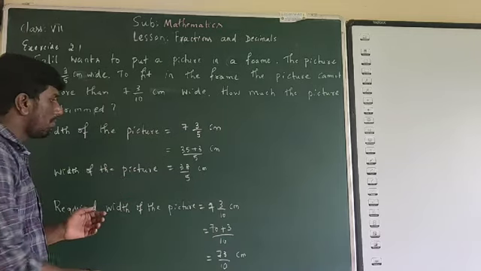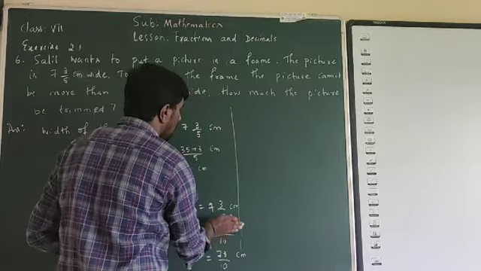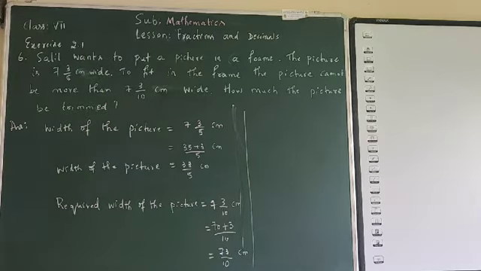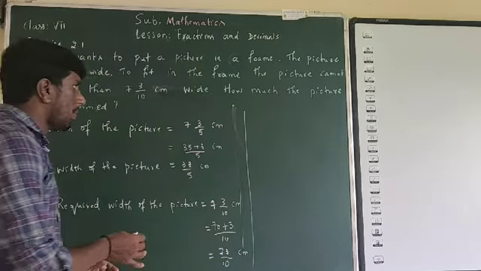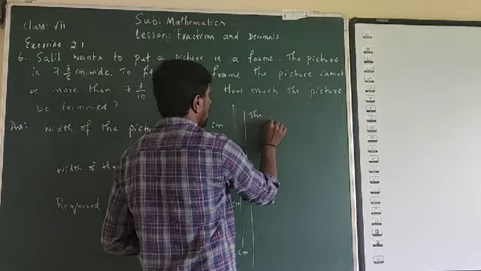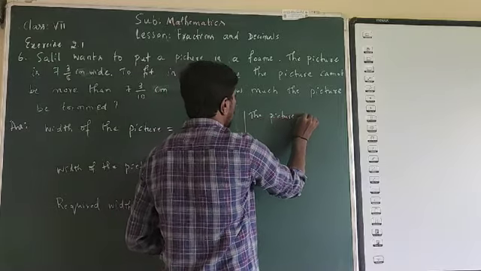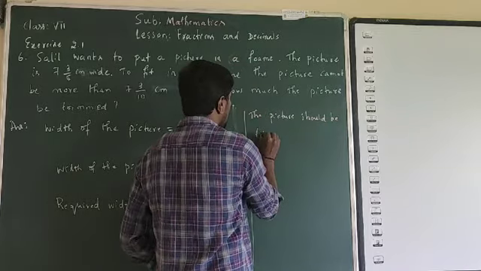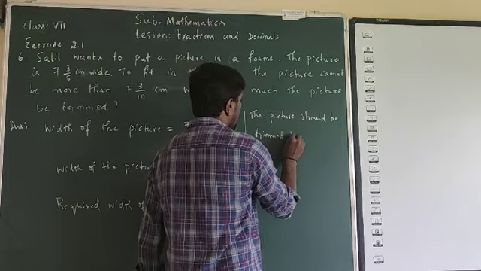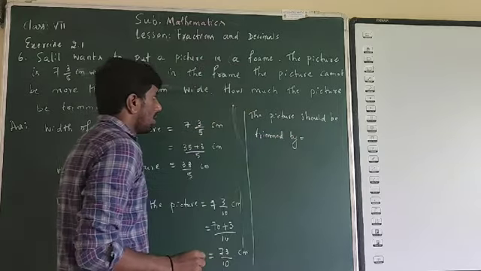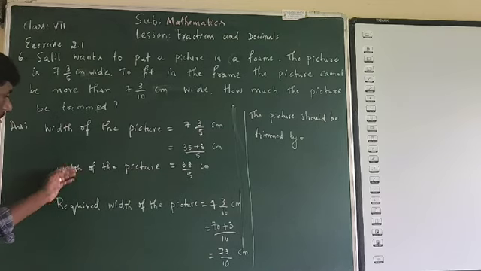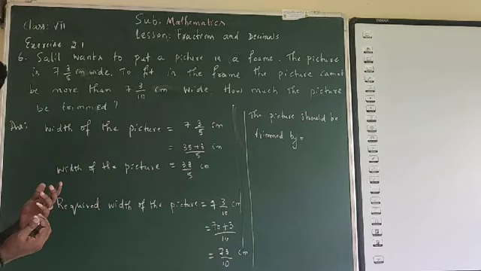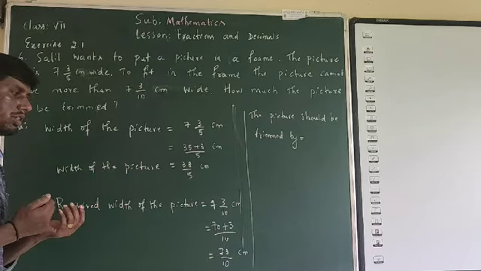So, the picture should be trimmed by, you should write in the next line, trimmed by, this is the width of the picture. So how much do I need to trim? How much do I need to cut it down? How to find that out?